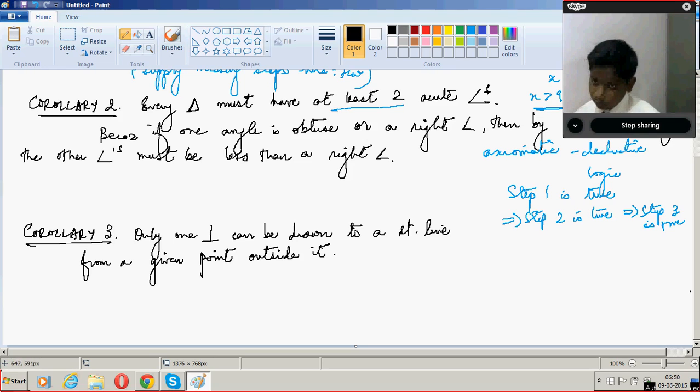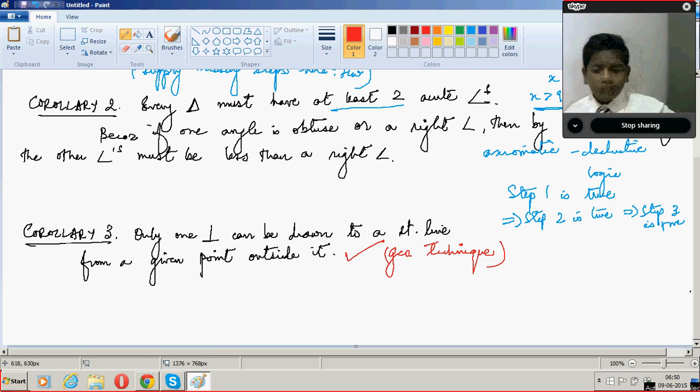So this can be a geometry technique. Just as we use constructions, we can use these arguments in proving other theorems in plane geometry.